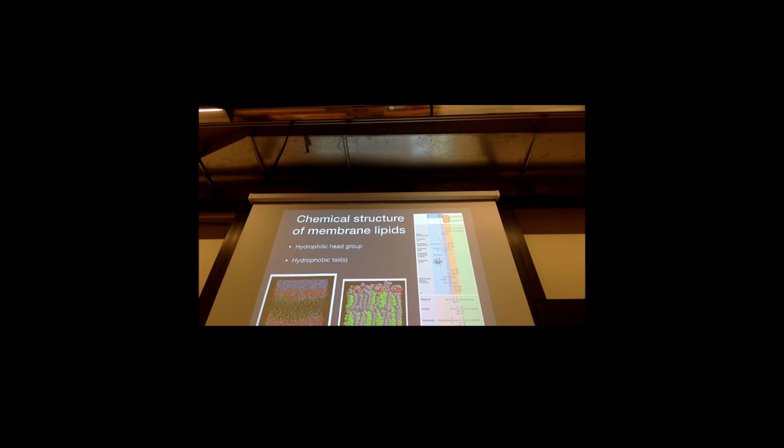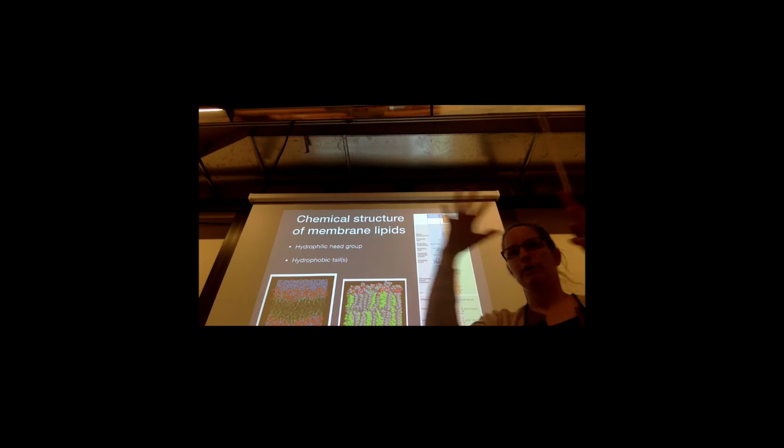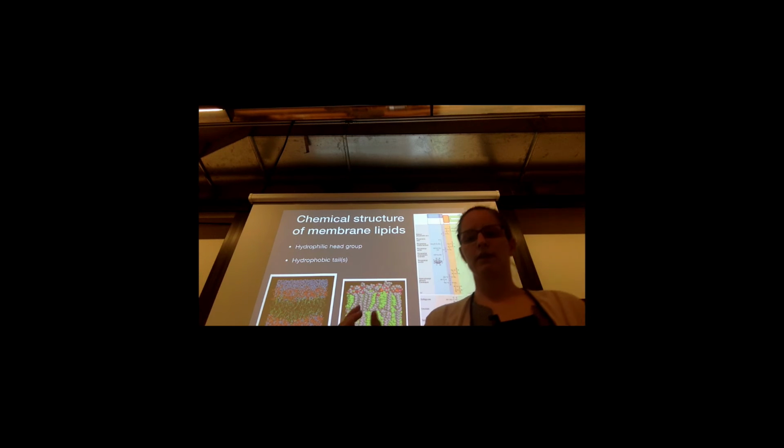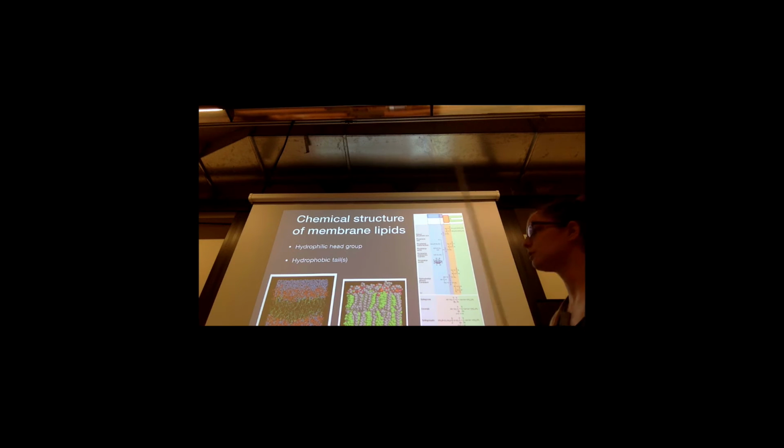Also the plasma membrane, the membrane on the outside of the cell, and the inner membranes are different, which means that the lipids can be quite different. They will always have a hydrophobic part and a hydrophilic part and a linkage in the middle. But the chemistry can be quite different from one to the other.